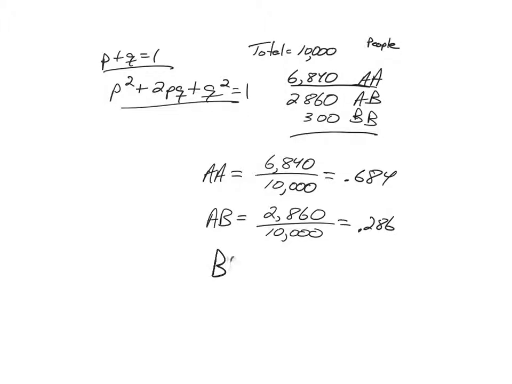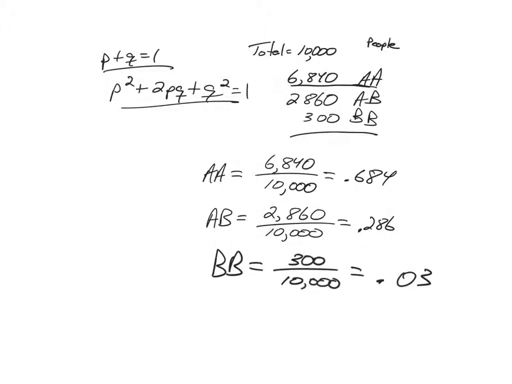And for the big B, big B? 0.03 or 3%. All right, so if you want to find the percentages, you'd multiply times 100% each of these. That's all. No big deal. So there's your frequency of each one. That was a simple answer, especially if you have a calculator.